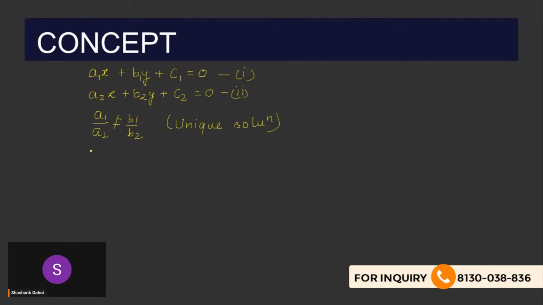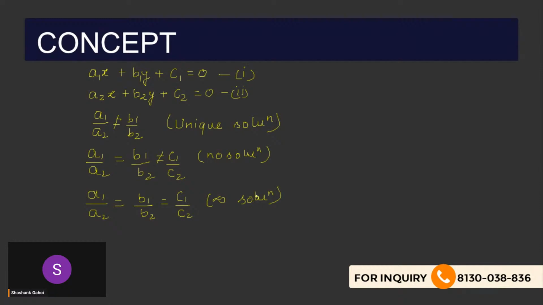And upon unique solution, I'm talking about A1 upon A2, if A1 upon A2 is not equal to B1 upon B2, then we have a unique solution.